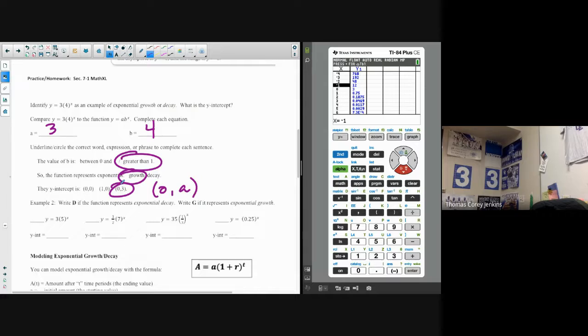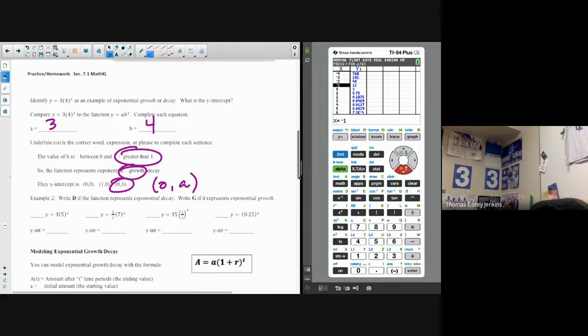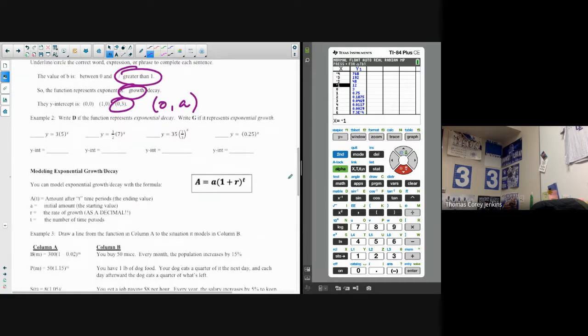Okay, so let's just look at a couple more quick ones like that. So if it's growth or decay, we'll use D for decay, G for growth, and then name the y-intercept. All right, so looking at this first one, b is 5. 5 is greater than 1. This would be growth.